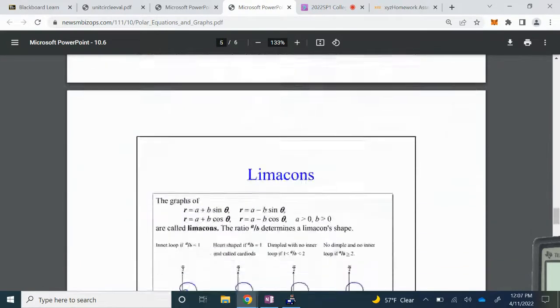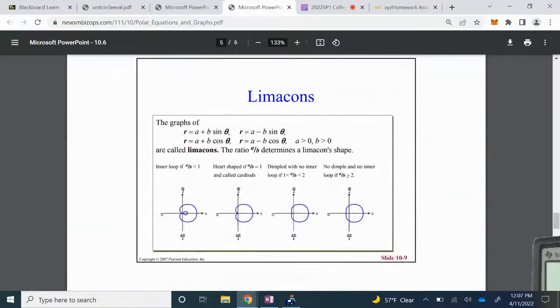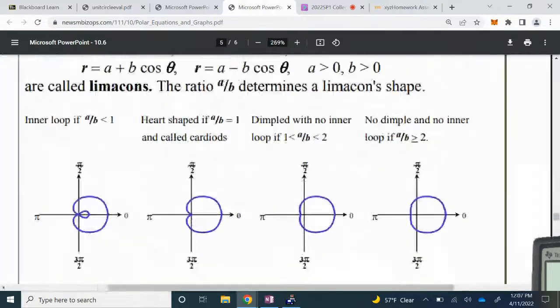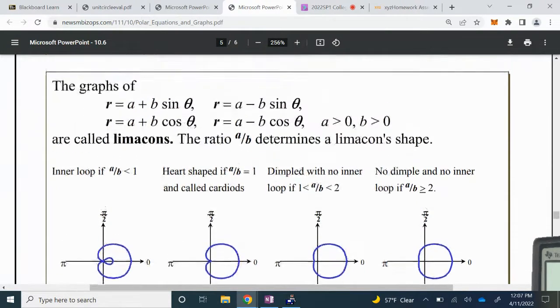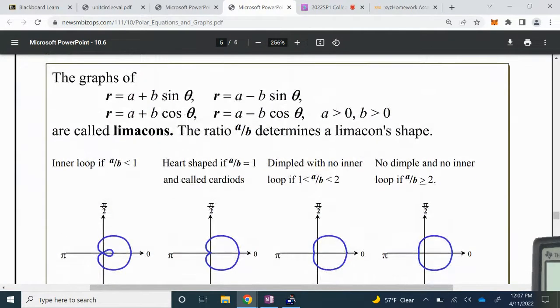We have limacons. All right, so here's some examples of what limacon graphs look like. And here are the equations that produce limacons. They can be in this form: a plus b times the sine of theta, a plus b times the cosine of theta.